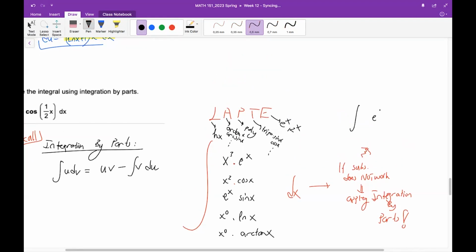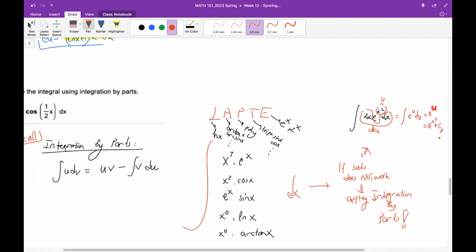Let's look at this example, 2x e to the power x squared dx. Here, this is still a product of two different types of functions, where one of them is a polynomial, the other one is exponential. But here, if you choose this part as u, the whole remaining part is du, right? And substitution perfectly works here. The result is e to the power u, where u is x squared.